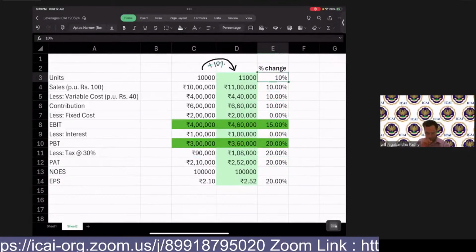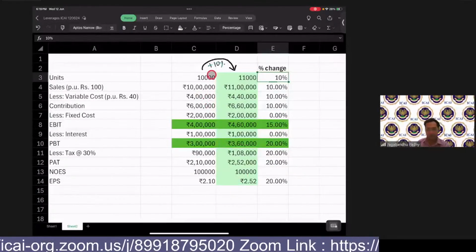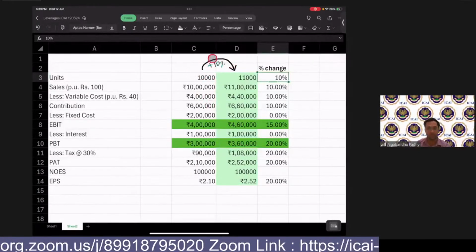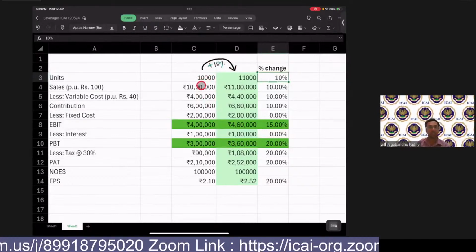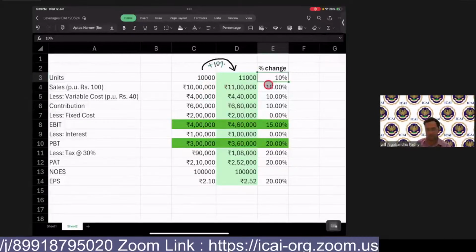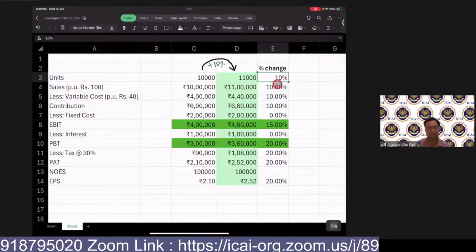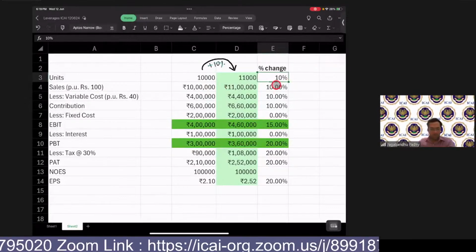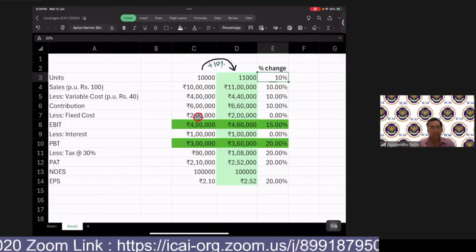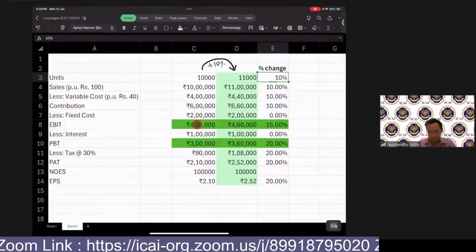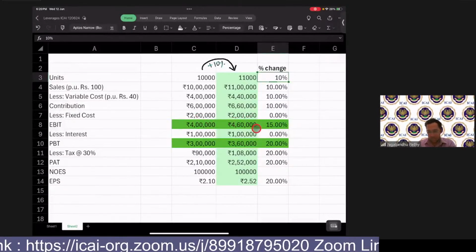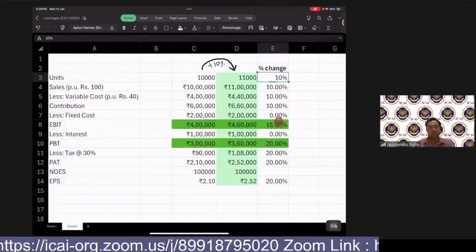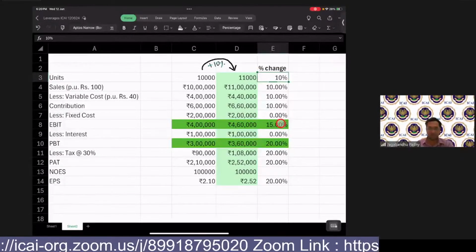See, when I'm putting 10% extra effort, my sales increase from 10 lakh to 11 lakh, which is a 10% change in the sales. If you look at the change in EBIT, the EBIT has changed from 4 lakh to 4 lakh 60,000, but that change is actually translating to 15%, right?